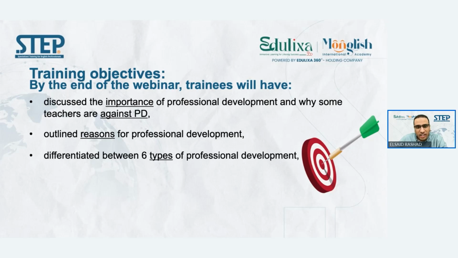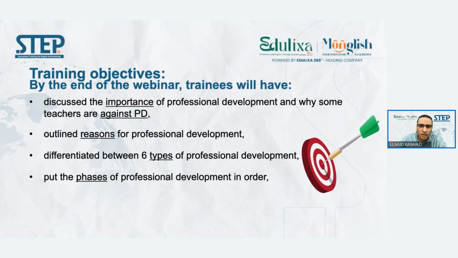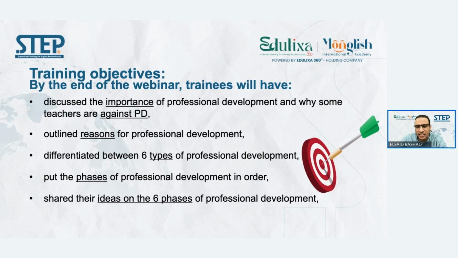We're going to differentiate between 6 types of professional development. And the core of this session today is the phases of professional development. We're going to put them in order, and share ideas on these 6 phases.